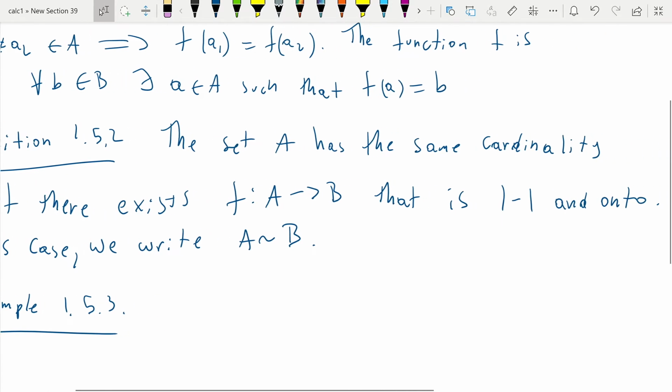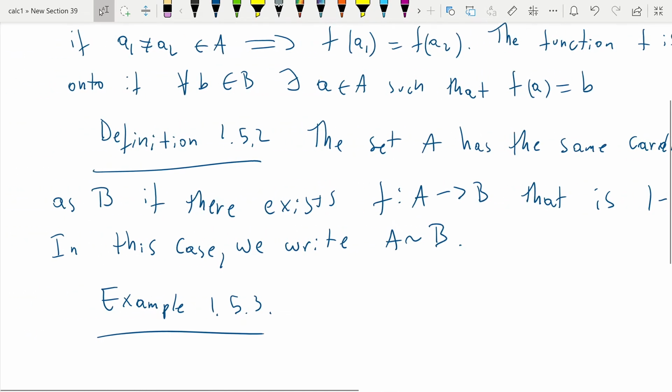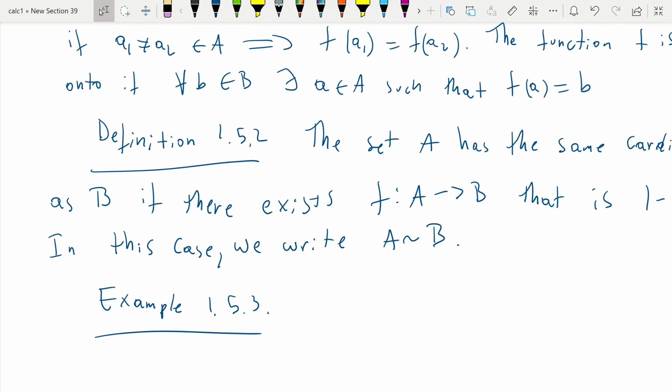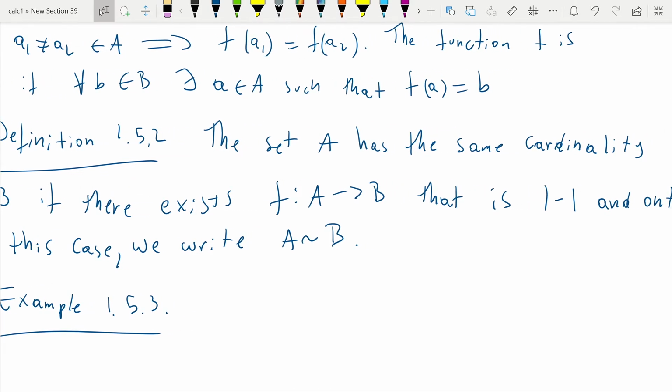As we said last time, if there is a one-to-one and onto function between two finite sets, then when you count the number of elements, you'll obtain the same number for both sets.